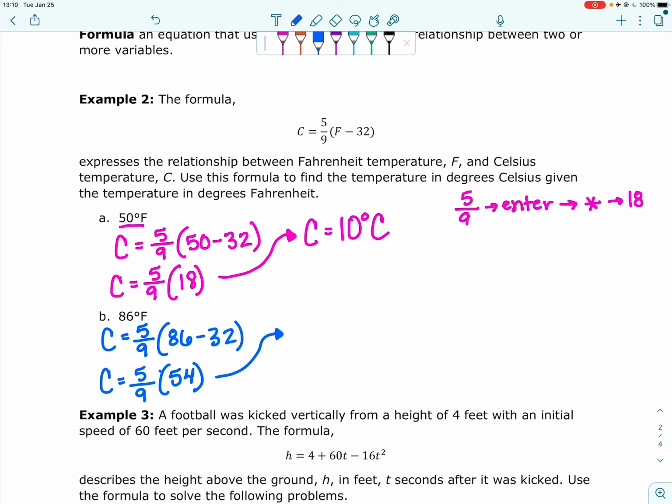So I'm going to do the same thing. I'm going to do 5 over 9 to get that long 0.555555555, and then I'm going to do times 54. So then I get a Celsius temperature of exactly 30 degrees.